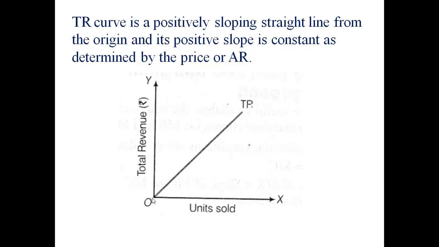When the number of goods sold increases, TR also increases. So there is a positive relationship between the number of goods sold and the total revenue. Remember that the TR curve starts from the origin, signifying that TR can be 0 when the number of units sold is also 0.